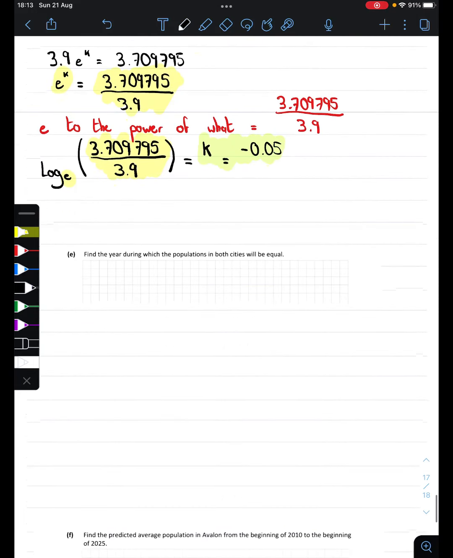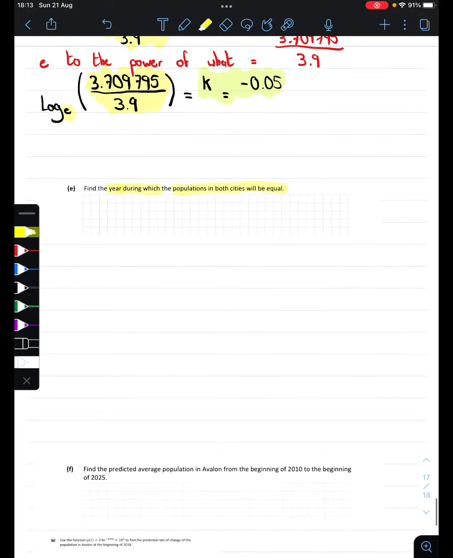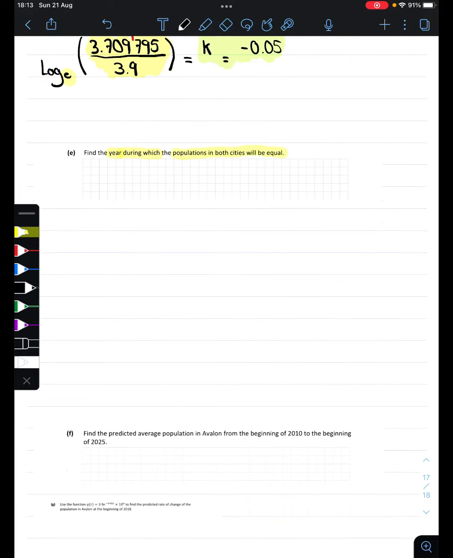Now on to part E. We want to find the year during which the populations in both cities will be equal. First of all, we have our formulas for the population in both cities.